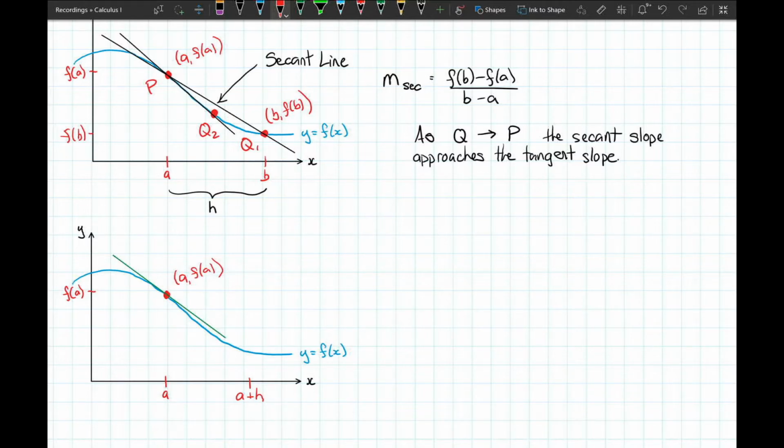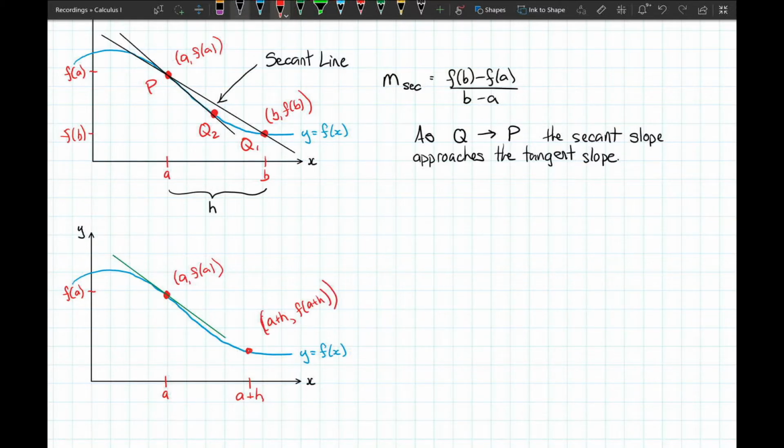So it is totally theoretical that our second point could be back here and still be called a plus h. h could be negative. All right, so what is this second point now? The point that we were calling Q, we can actually give it some coordinates now. Its x coordinate is a plus h, and its y coordinate would be f of a plus h.